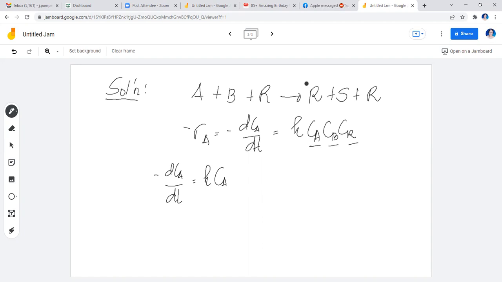We'll express C sub B and C sub R in terms of C sub A. That should be the most simple thing that you can do.